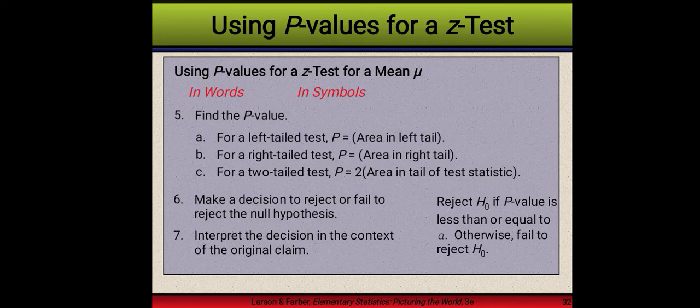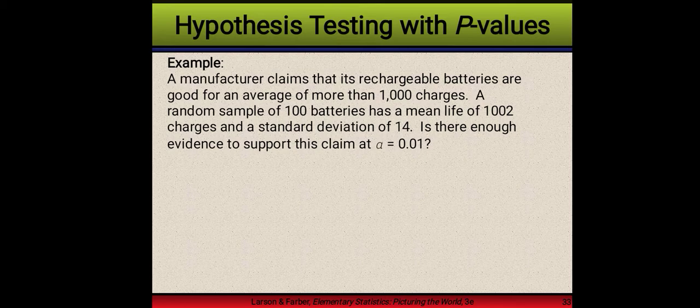Next example: hypothesis testing with p-values. A manufacturer claims that its rechargeable batteries are good for an average of more than 1,000 charges. A random sample of 100 batteries has a mean life of 1002 charges and a standard deviation of 14.